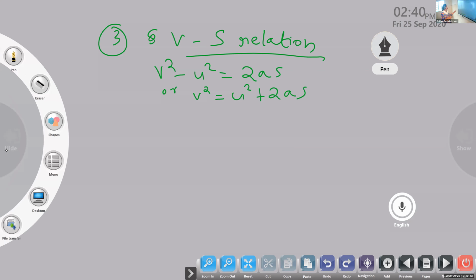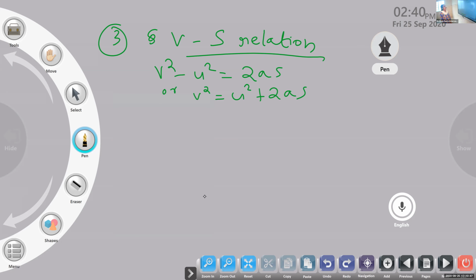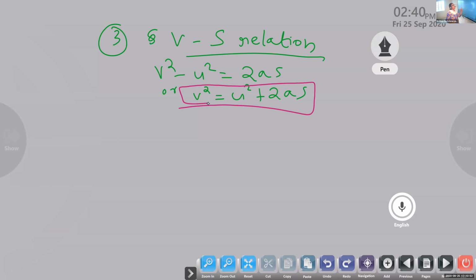So this is our relation. Now look at this one, children. This relation doesn't have the term t at all, not time. What we wanted is only acceleration, displacement, initial velocity u.